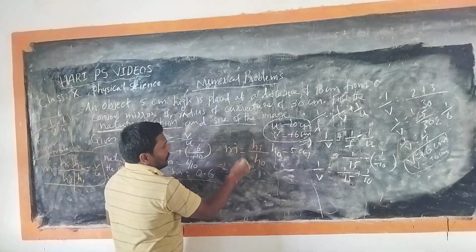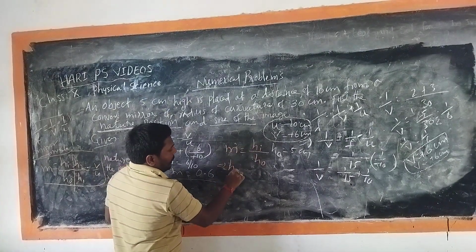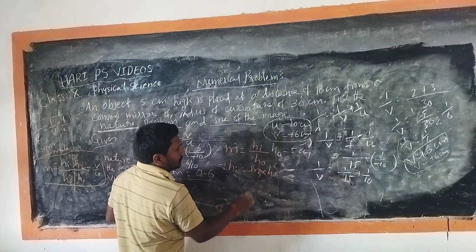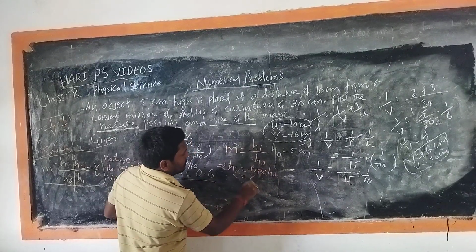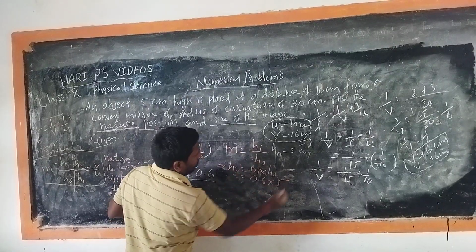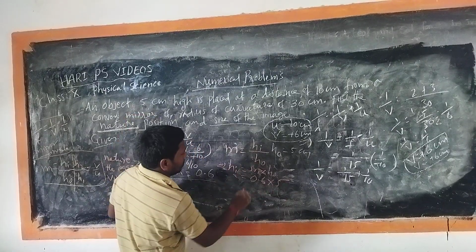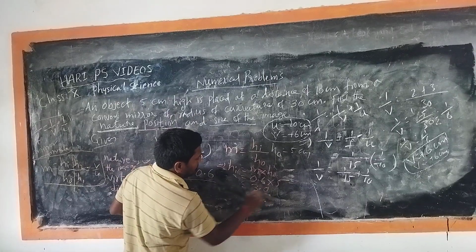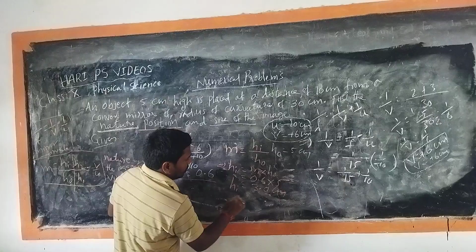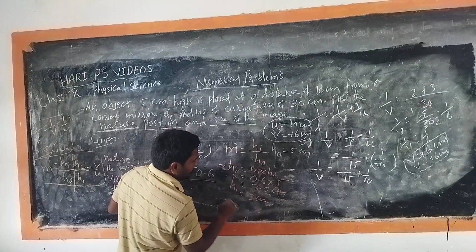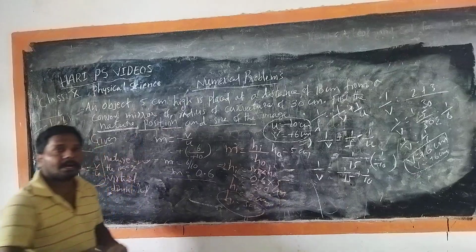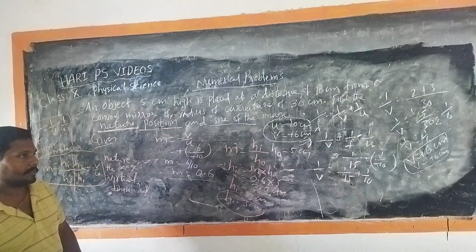From this, hi is equal to m into the height of the object, that is 0.6 into 5, that is equal to 3.0. So hi is equal to 3 centimeters. The size of the image is 3 centimeters.